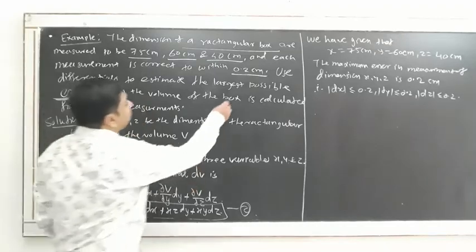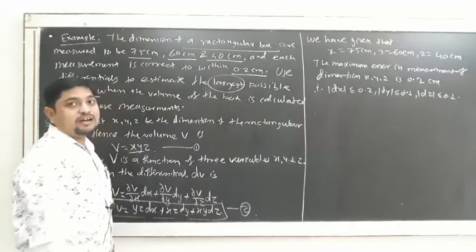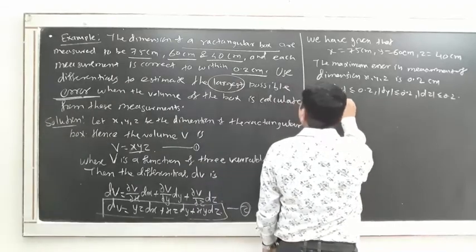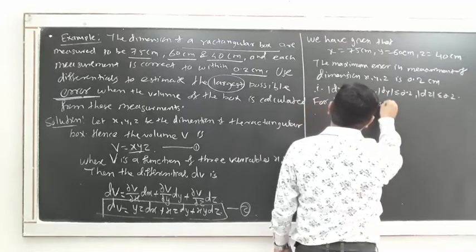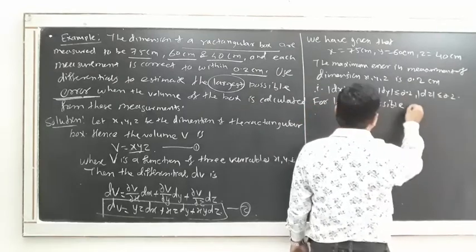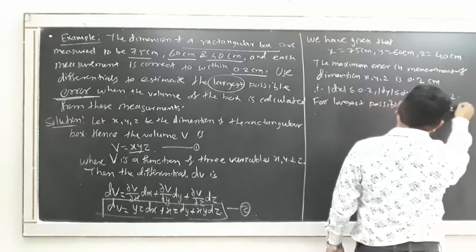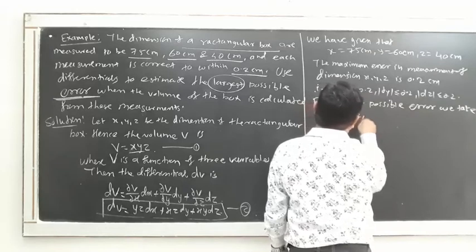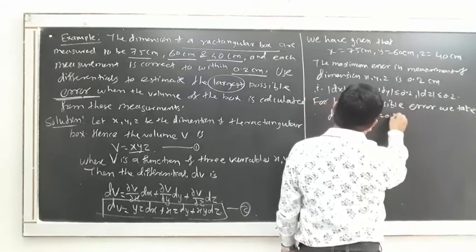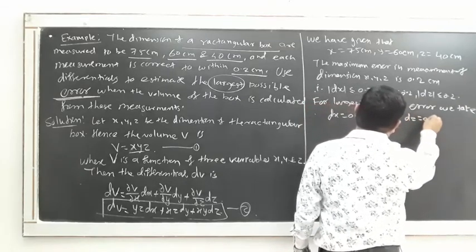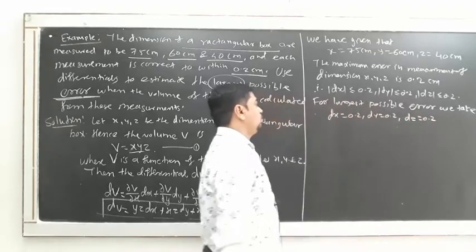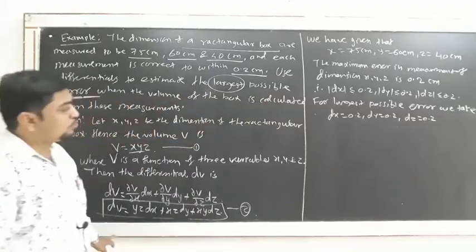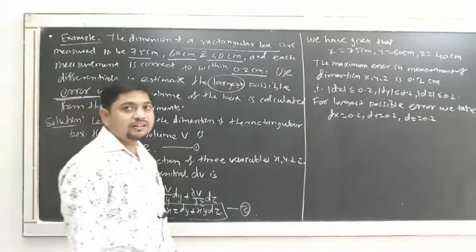Therefore, we take the largest values. For the largest possible error, we take dx equal to 0.2, dy equal to 0.2 and dz equal to 0.2. Now just put all these values in equation number 2, do the calculation, and you will get the answer.